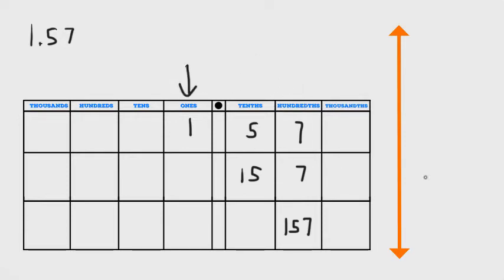So I'm looking here, and we write it down. There's 1 one, and then the next one would be 2 ones, and that equals 2.